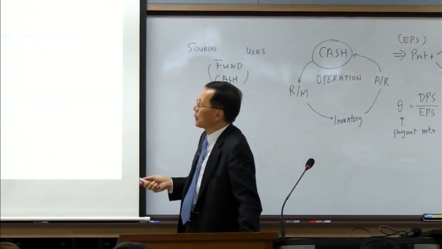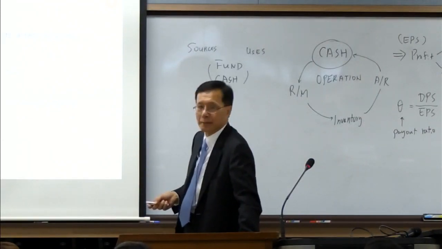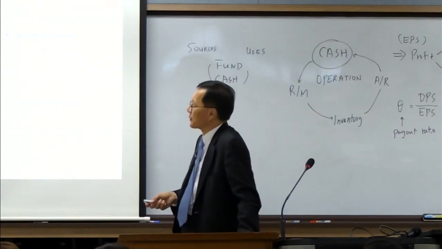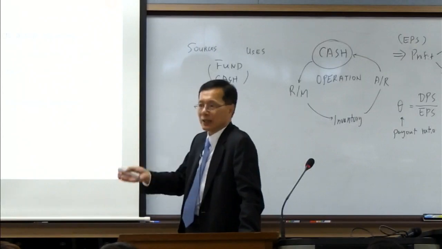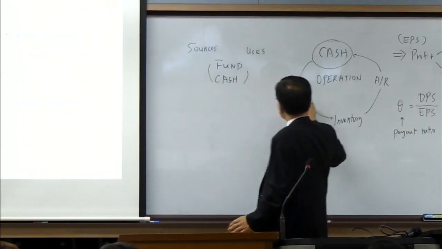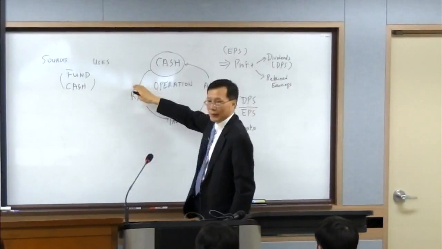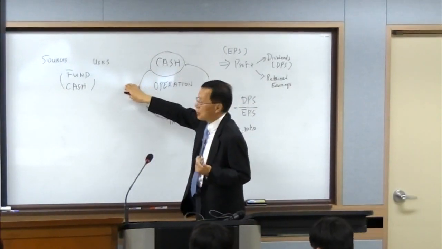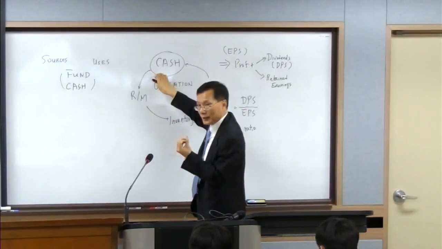An increase in a liability or equity account is also a source of funds or cash. Accounts payable: increasing accounts payable, in other words, increasing the amount of raw materials purchased on credit, means accounts payable go up. That reduces the use of cash.